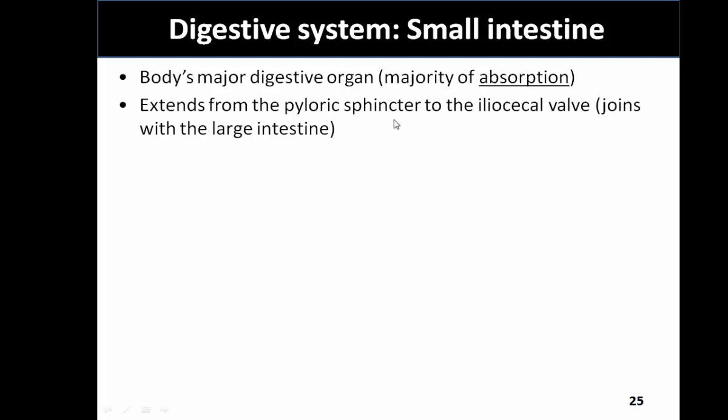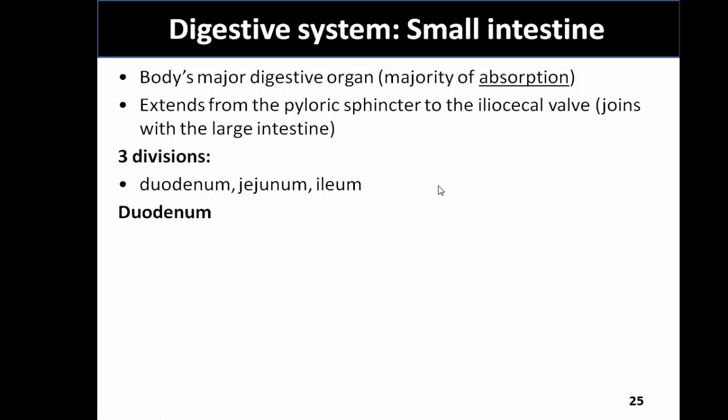The small intestine extends from the pyloric sphincter to the ileocecal valve, which is at the junction of the large intestine, and is composed of three separate divisions. The shortest division, the most proximal, is the duodenum, followed by the jejunum, and finally the third and most distal component of the small intestine is the ileum.